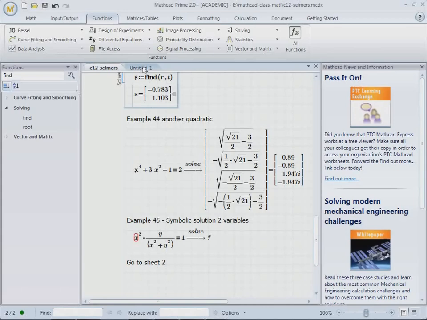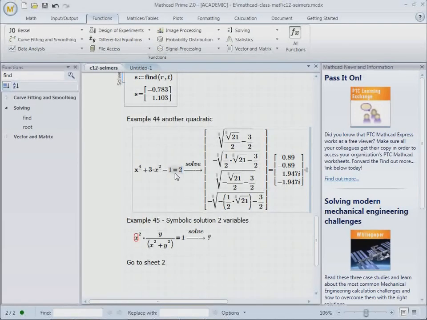Let's see what happens if I do this. And this is the bold equals, which is the control equals, symbolic equal. Let me write that stuff down. So there's several kinds of equals in Mathcad. The regular equal sign just evaluates.